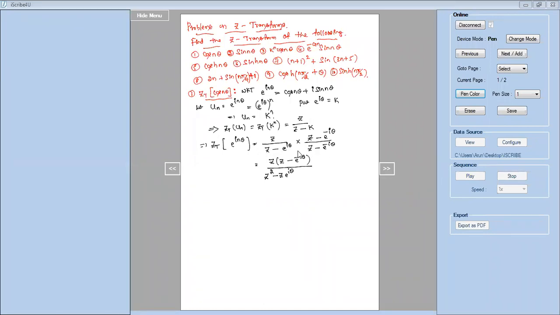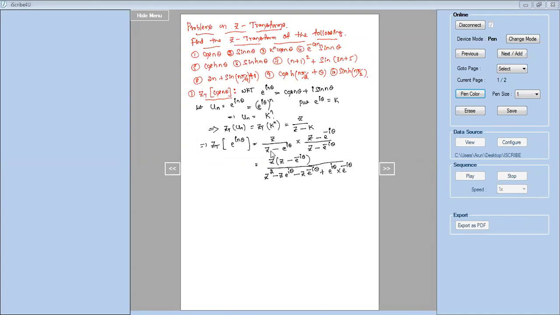It becomes minus z e power minus I theta, minus z e power minus I theta, then this term, minus into minus is plus, the product of these two, e power I theta into e power minus I theta. Right. So we get this.